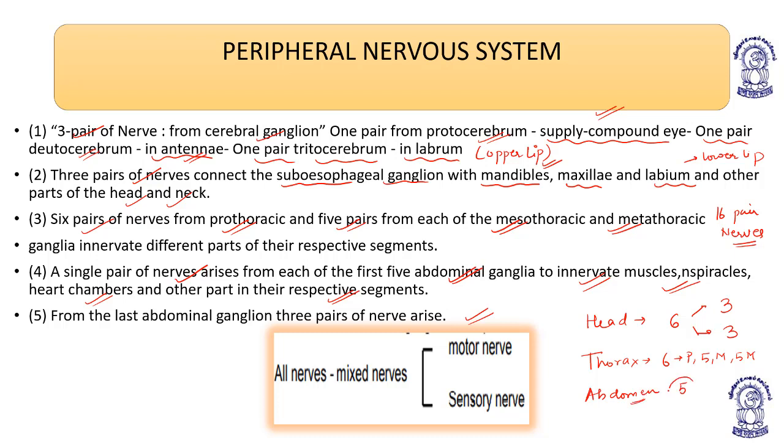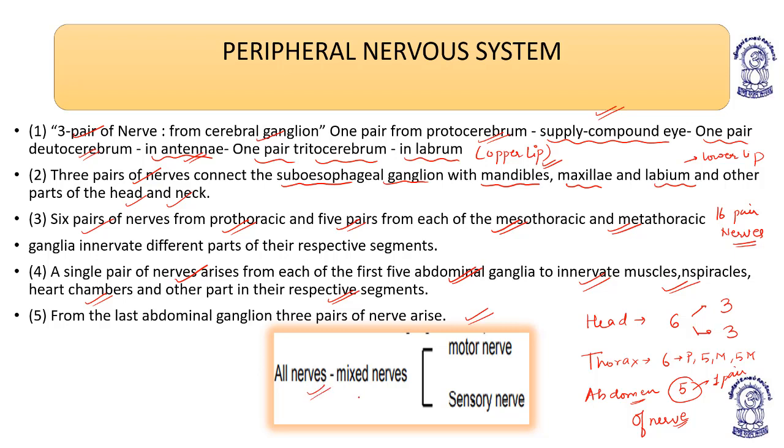The first 5 abdominal ganglia each give rise to a single pair of nerves to supply spiracles, muscles, heart chambers, and other parts of the respective segments. And from the last abdominal ganglion, three pairs of nerves arise.